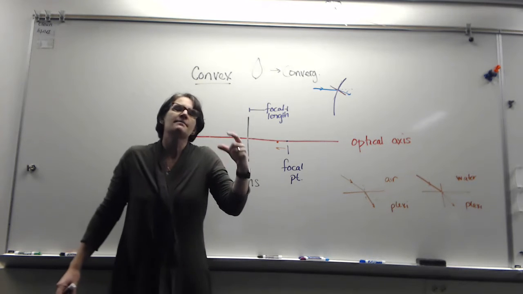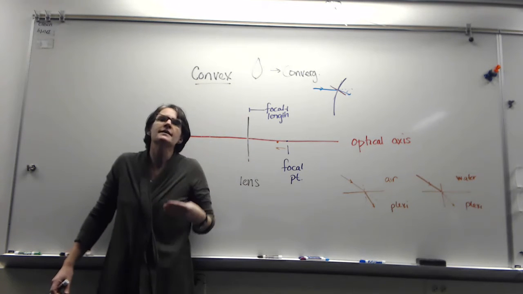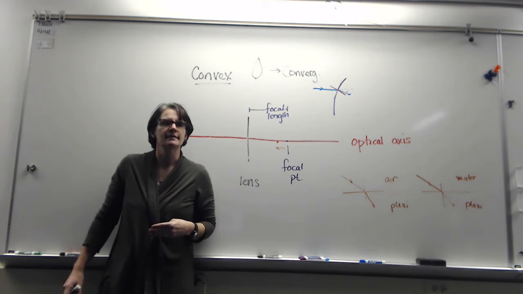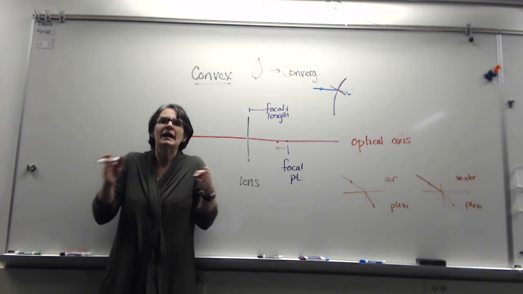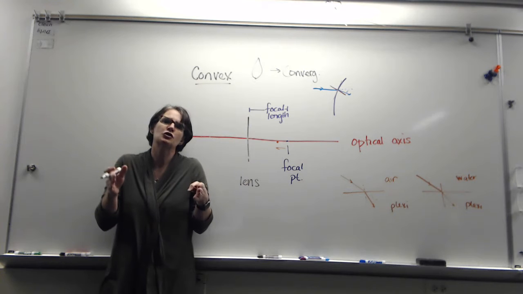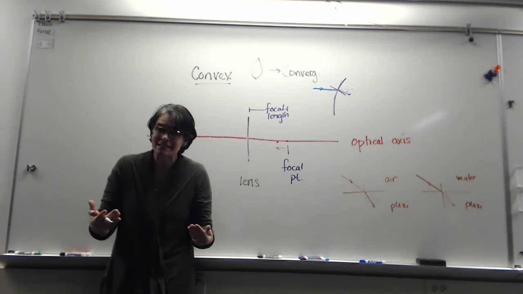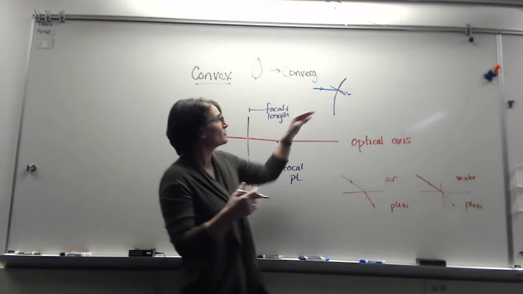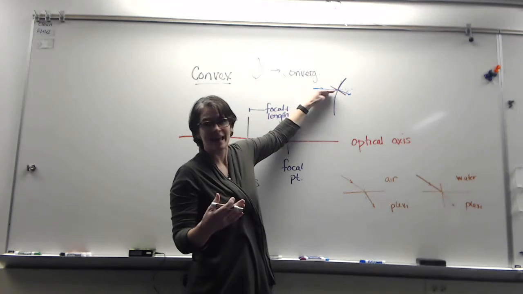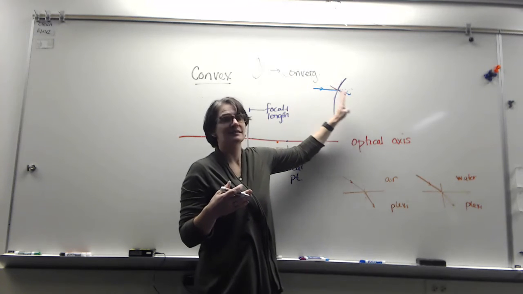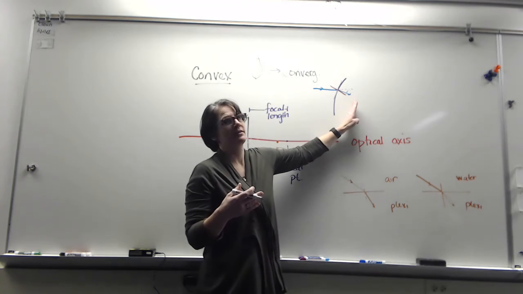Well, if I take my lens and I put it into water, then I am changing the difference between those two mediums, and I'm making that difference less. So as that ray of light comes into the lens, it's now going between water and the lens versus air and the lens.